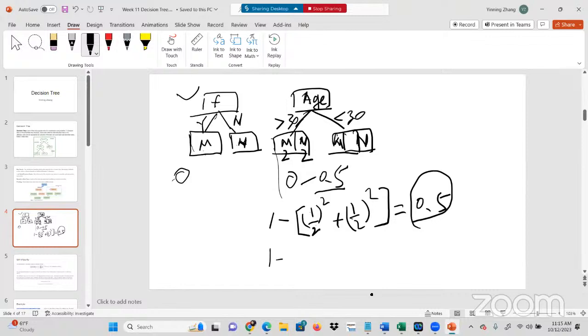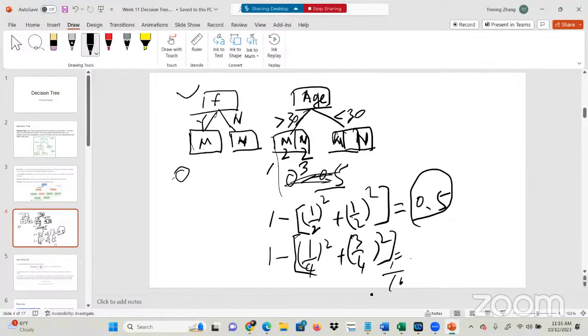For example, if minivan is 1 and non-minivan is 3, then this number will be 1/4 squared plus 3/4 squared, which is smaller than 0.5, 6/16.